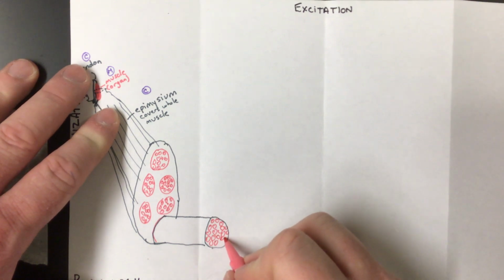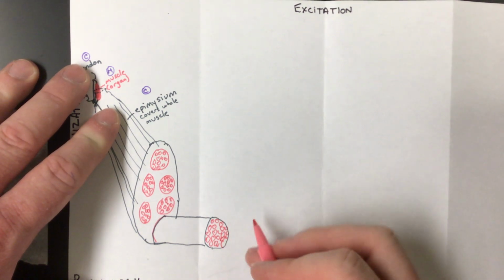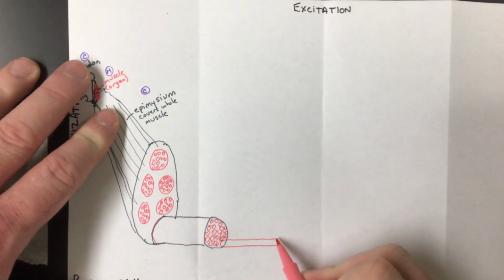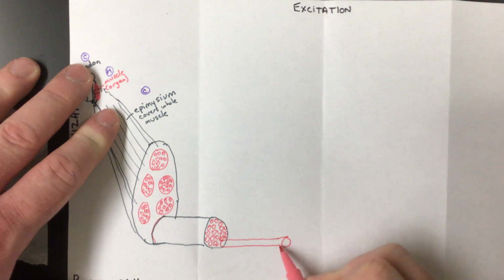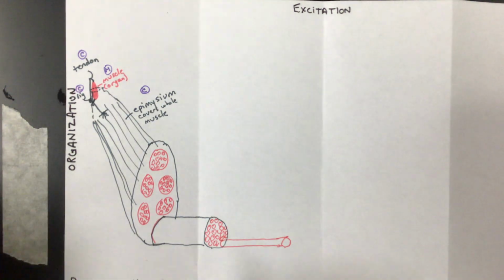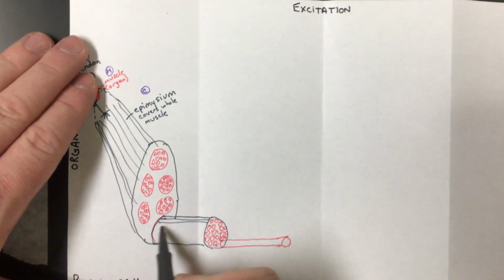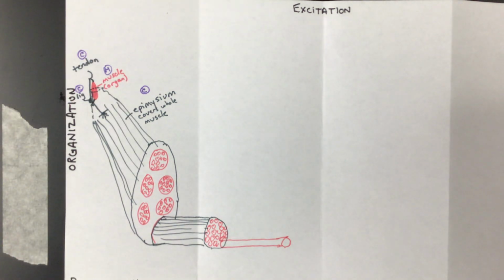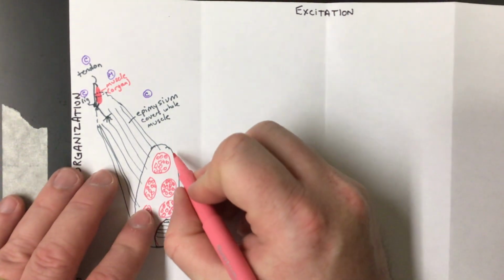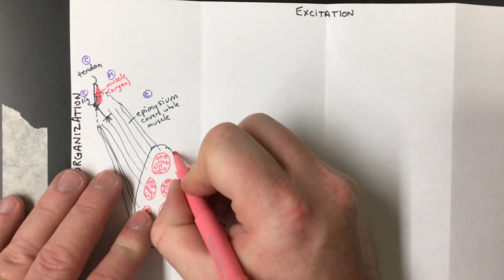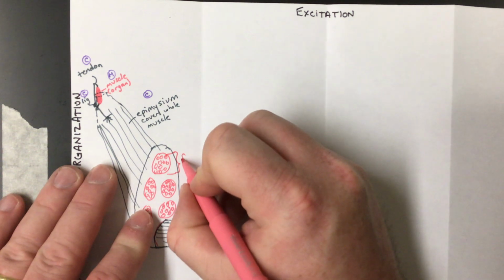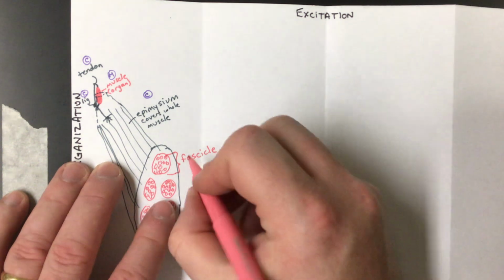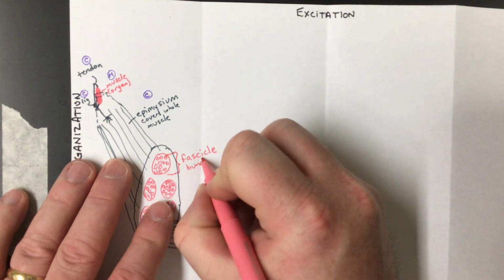And I'm gonna leave some space down here to pull one of these out as well. So this has connective tissue covering. One of these guys, this unit right here, is called a fascicle, and a fascicle is a bundle of muscle cells.